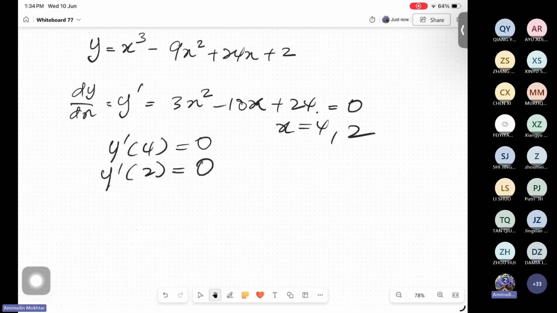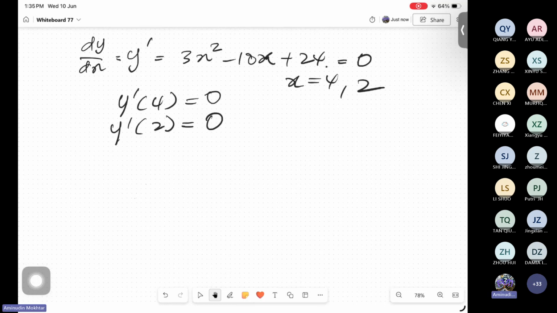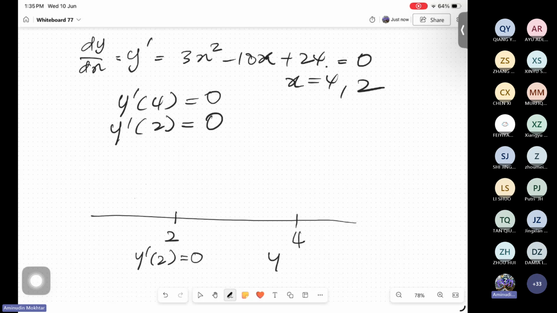Based on this example, let's say I draw this line where x equals 2 and x equals 4. At these points we know the slope is 0: y prime of 2 is 0 and y prime of 4 is 0.